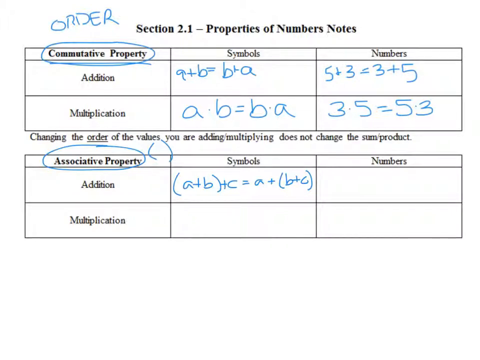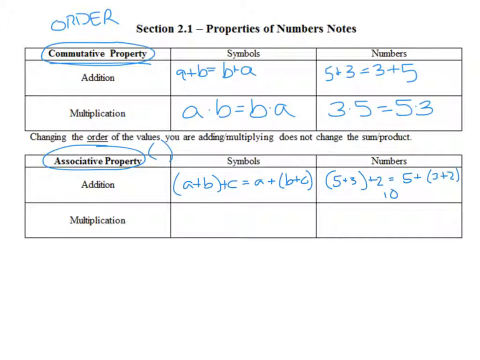For example, you could add 5 plus 3 first and then add 2, or you could add 3 plus 2 and then add 5. Either way, you're still going to get 10, so it doesn't matter where you put parentheses.